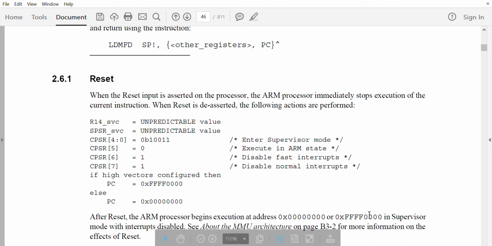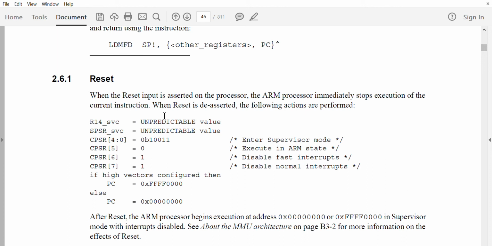So reset. When the reset input is asserted on the processor, the ARM processor immediately stops the execution of the current instruction. So you have a reset input for the ARM, and when that is asserted, or goes high, the ARM processor will stop whatever it is doing right now and go and execute the exception routine for the reset.